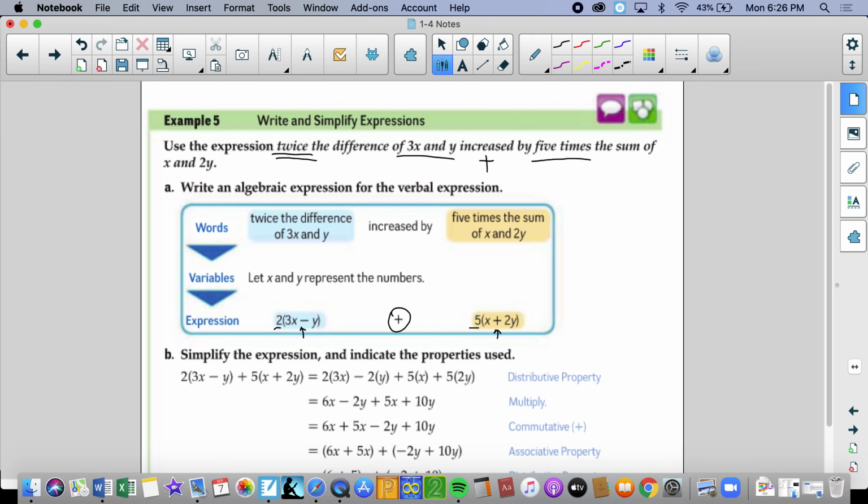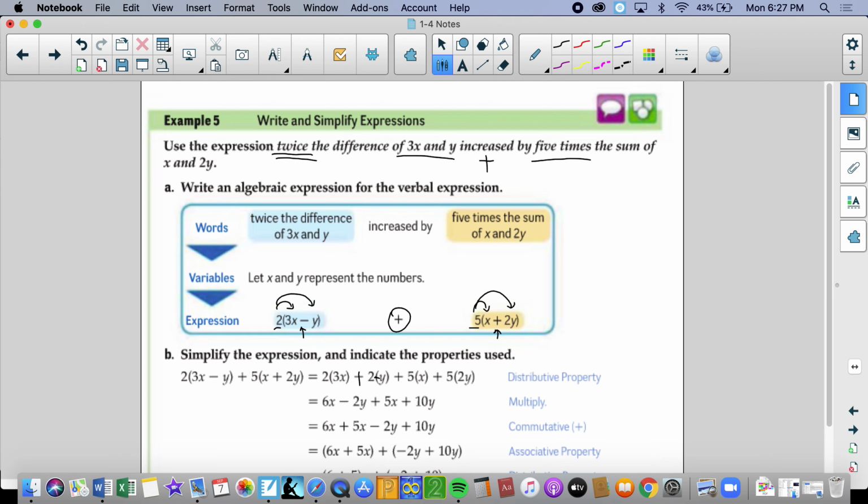If we had to simplify that, we're going to distribute the 2 into both of those terms. You have 2 times 3x and positive 2 times negative y. And then we have 5 distributing out to the x and the 2y.